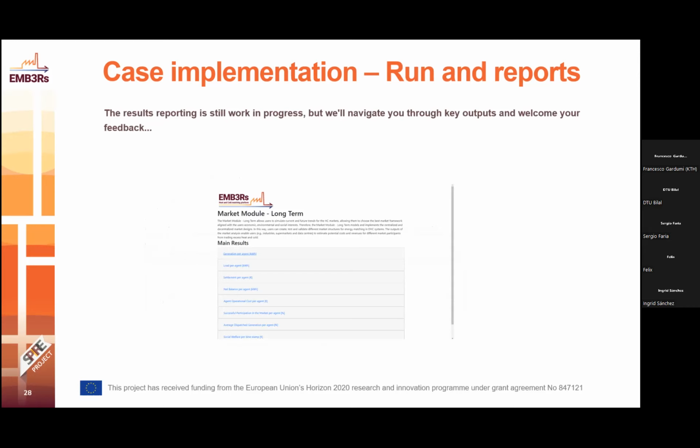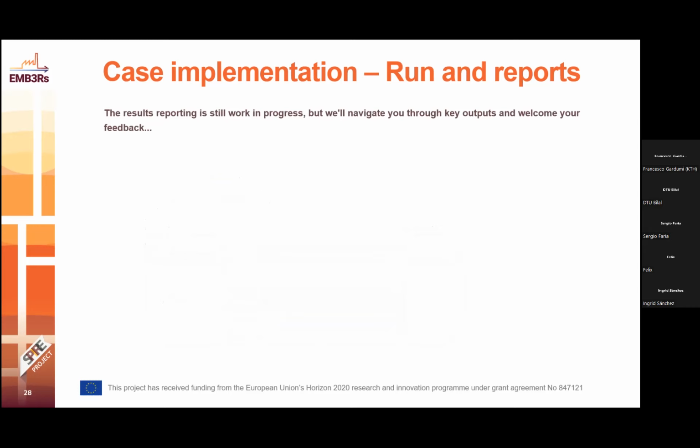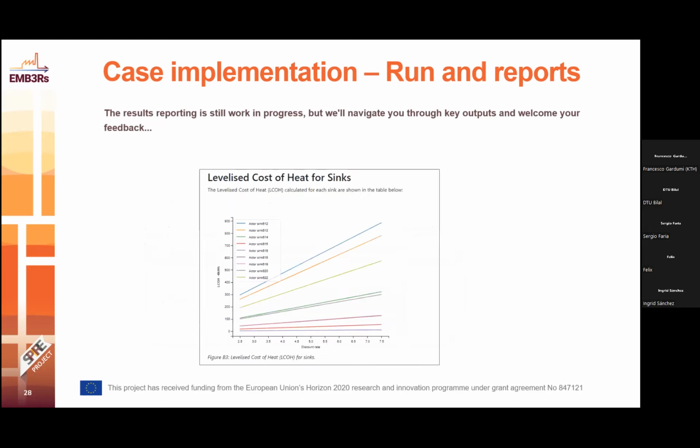Then we'll have the market module, which will show the generations and the load and the bids for each of the agents in the market from the optimized solution. And finally we'll have the business module, which will look at the levelized costs, the net present value, and the payback period for each of the sources and the sinks.